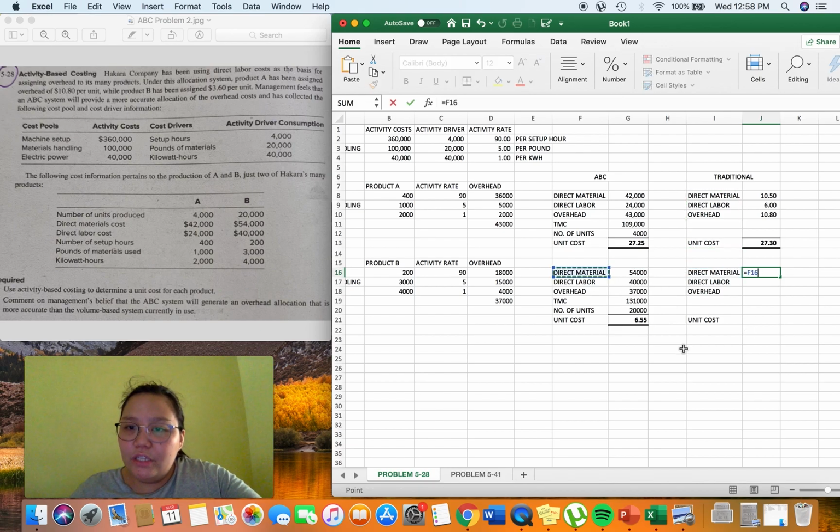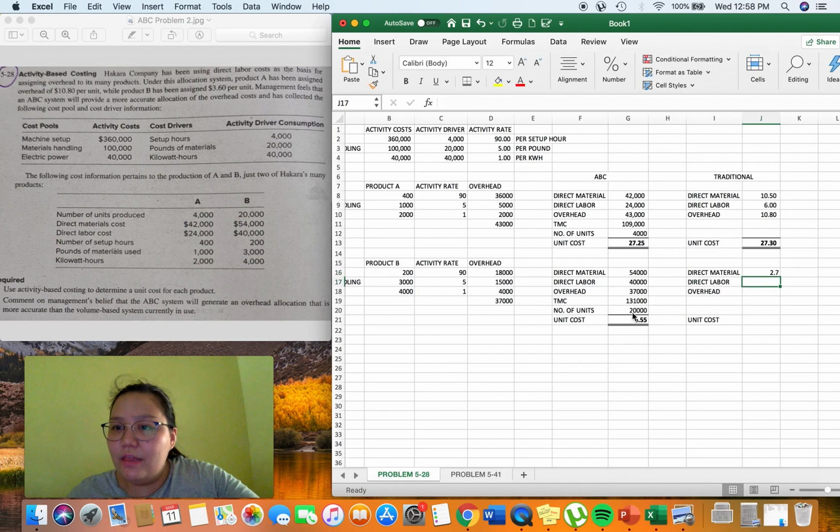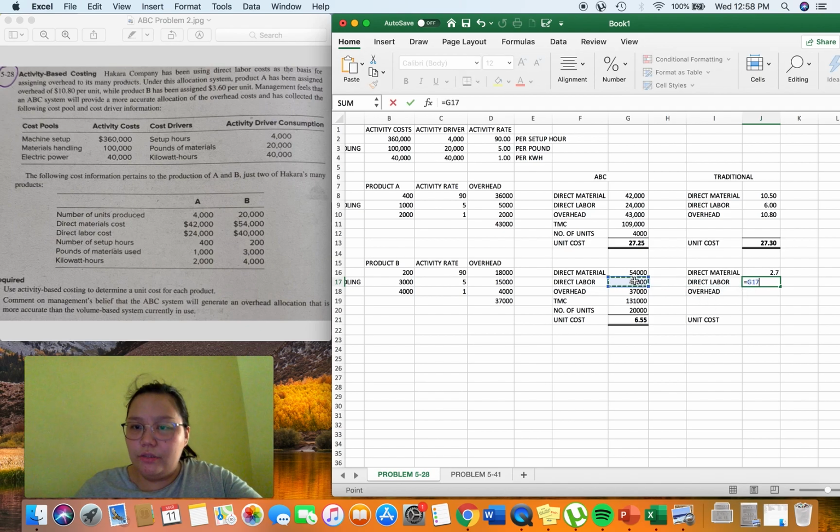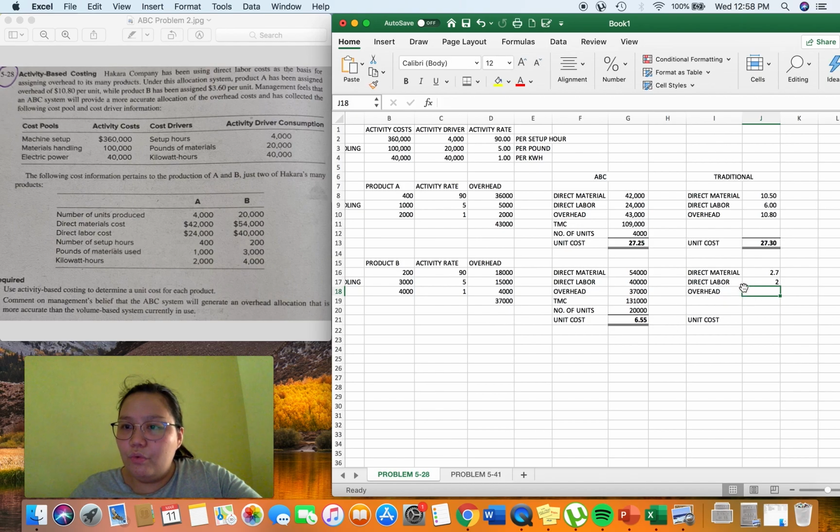So we have 54,000 divided by 20,000 units, we have 2.7. And then for direct labor, we have 40,000 divided by 20,000 units. So this is 2. And for overhead, it was given in the problem. It is 3.6.